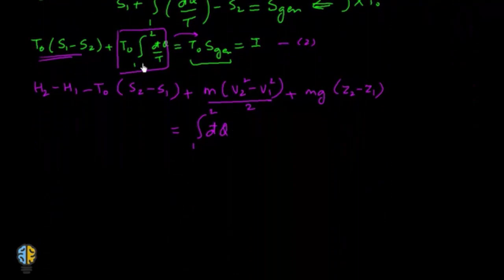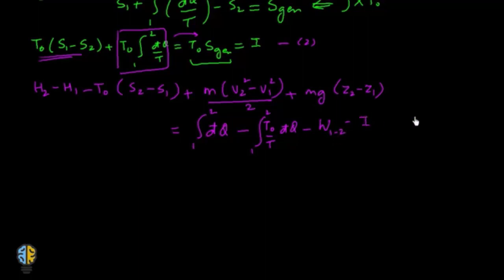Now you can bring this to the other side, you'll get minus T naught upon T, integral 1 to 2 of dQ, and you'll have minus W12 minus the irreversibility. This is the equation that comes after combining equation 1 and equation 2.